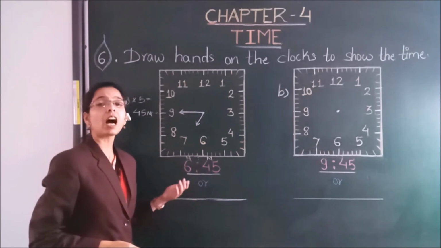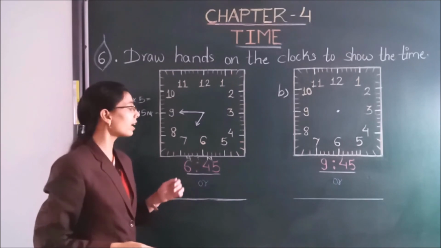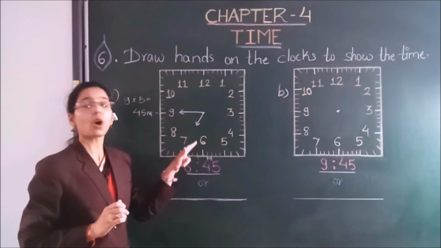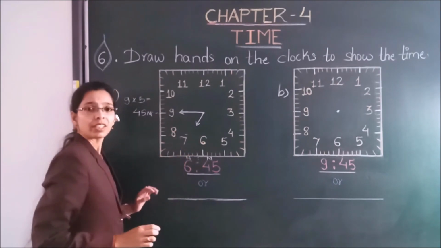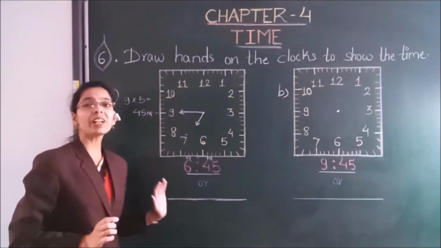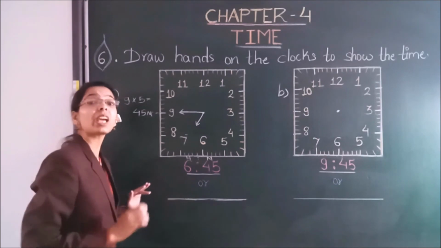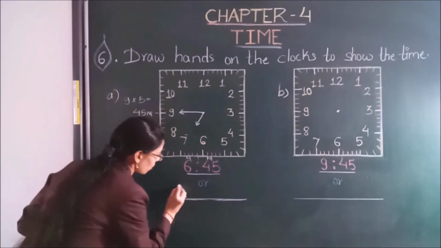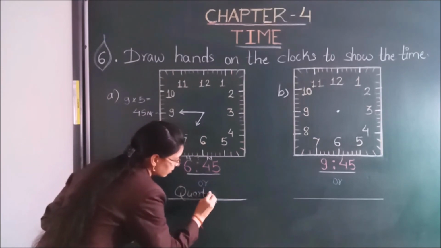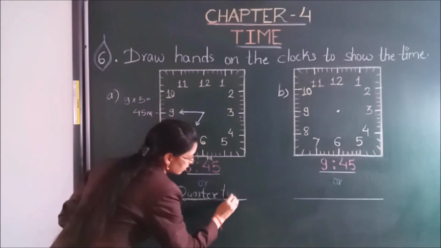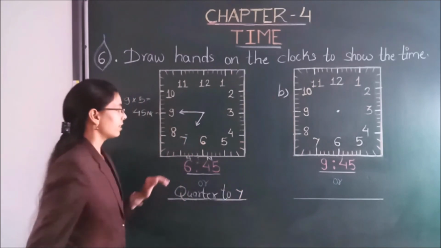6:45. Yes, and how will we write it in another way? This hour hand has crossed 6 and is about to reach 7. Yes, so how will we write this time in another way? Quarter to 7.